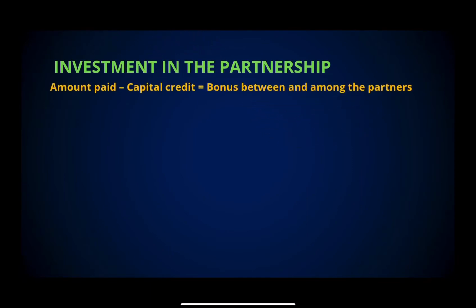In some cases, wherein the amount paid by the new partner is not equal to his capital credit, bonus method will be applied. So in addition to the initial entry discussed previously, bonus will be recorded as follows.